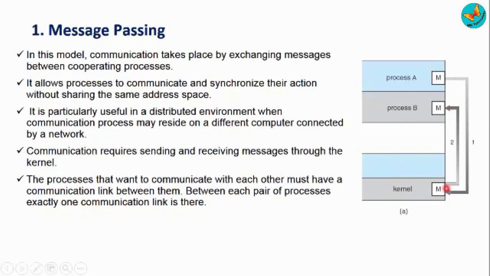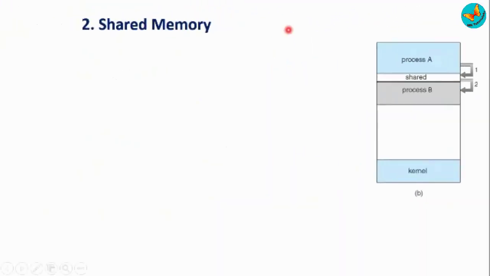Here it is indicated by these arrows. You can see one link is shown from process A to the kernel, that is number 1. Another communication link is represented by this arrow, number 2. So to enable the communication, we need to have the communication link. The second type of model is the shared memory IPC model.